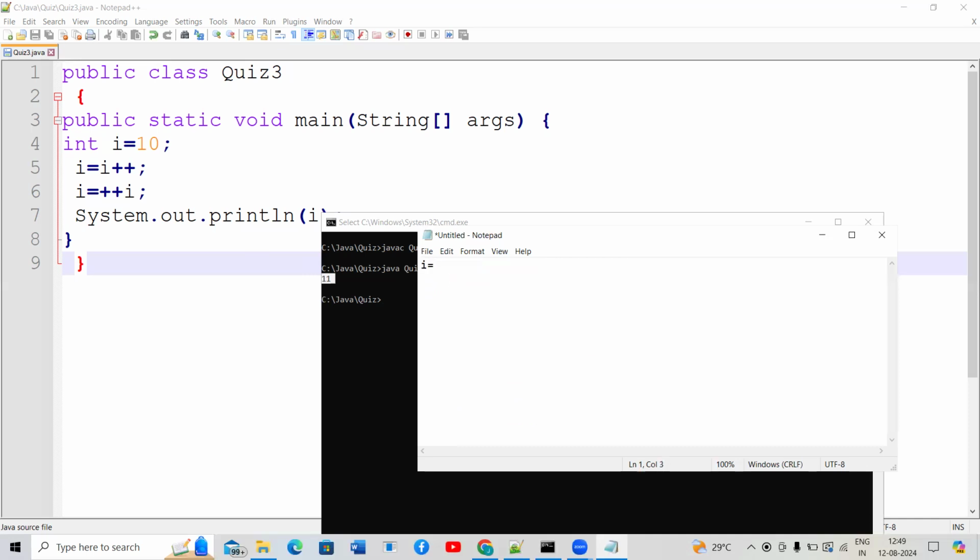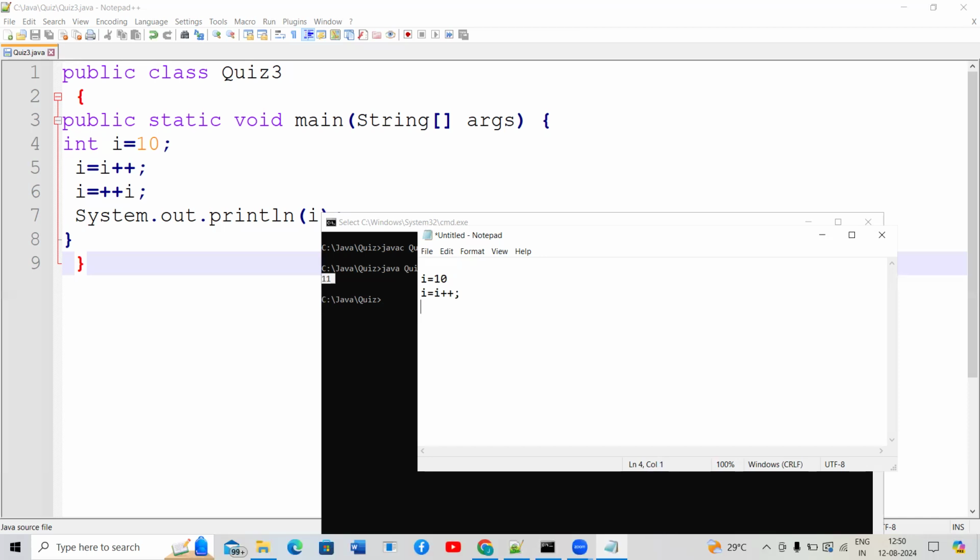Now let's come on and understand this particular case, the one I've given in the quiz: I = I++. So what do you guess? If the value of I is 10 as given in the program, let me write it in the steps in the same sequence as given in the program. So I = 10, I = I++. See, this is post-increment, right?